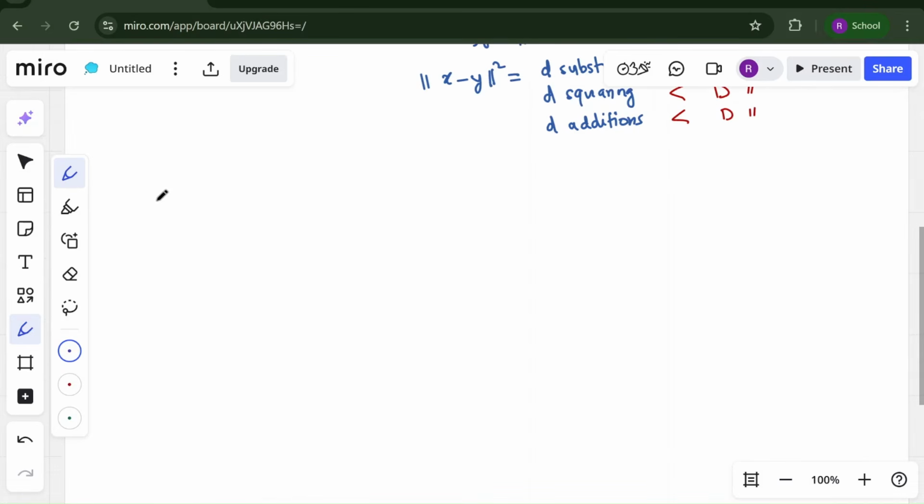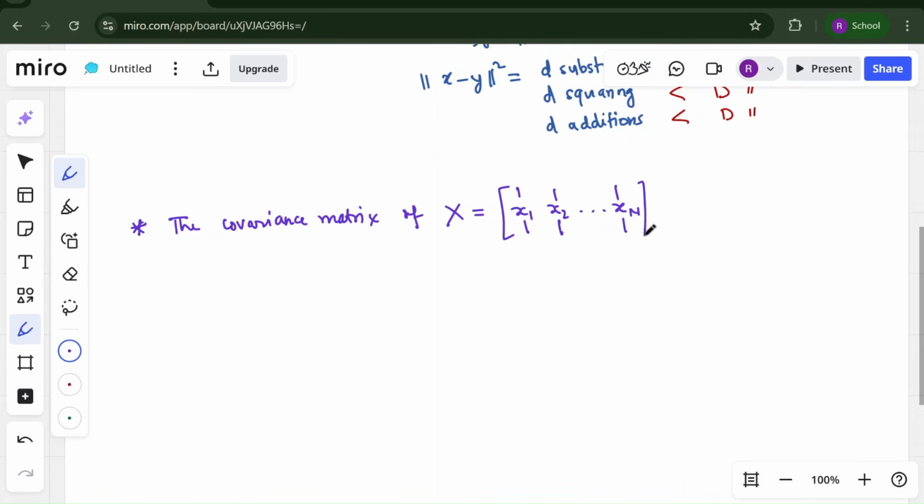Okay, so we will continue with the prerequisites for PCA. One is that you should know that the covariance matrix of any data set X, which is given by X1, X2 to X capital N, where X1 is the first data point, X2 is the second data point, Xn is the last data point, and all of them are arranged as columns.